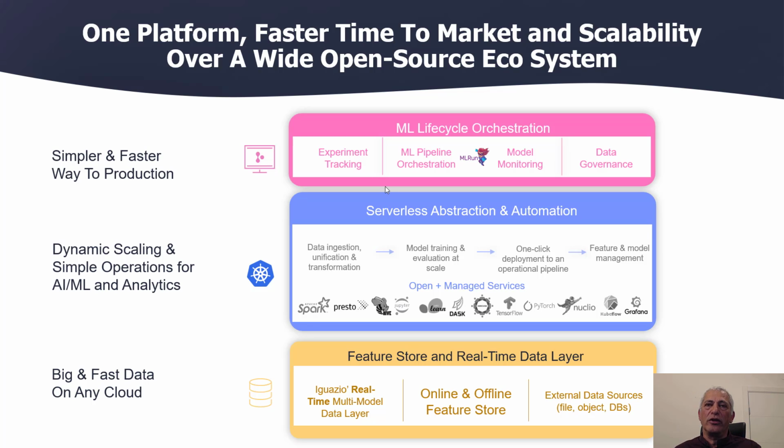And this is really what we've done at Iguazio. We've essentially built a stack where the lower layer is all the data handling: the feature store, and integration with different storage technologies, with NFS or object store or databases. It also has the Iguazio high-speed data processing engines built into that layer.